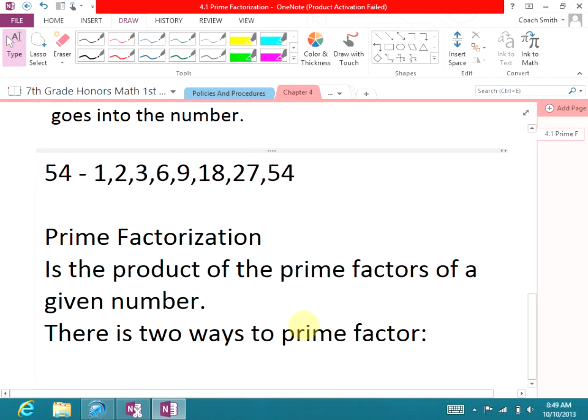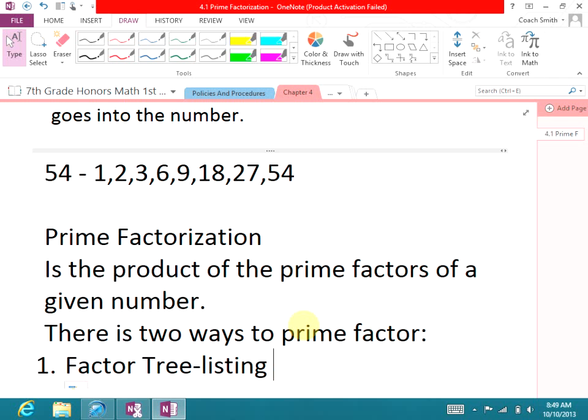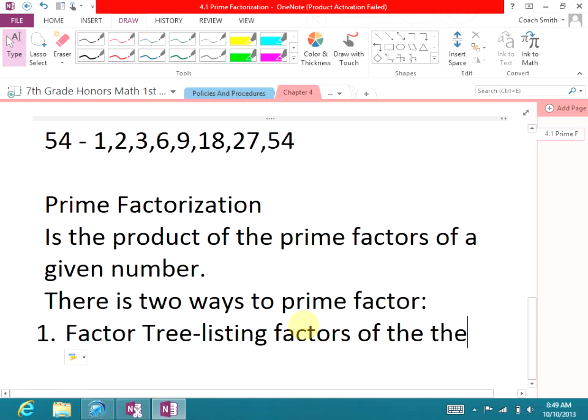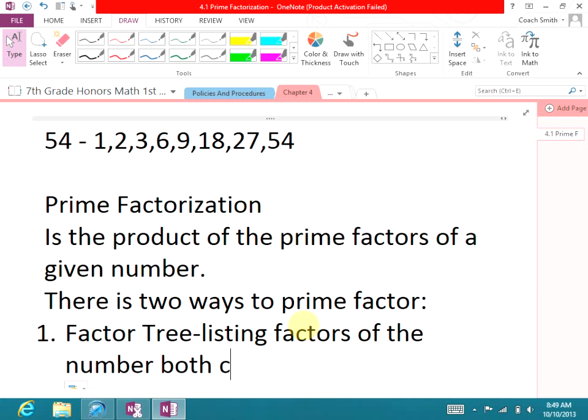First way is the factor tree. Okay? Factor tree, you're listing factors of the number, both composite and prime.